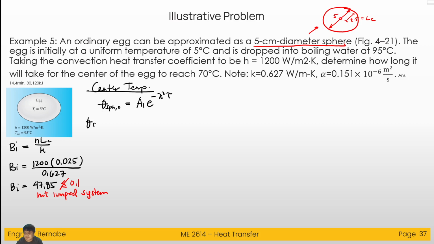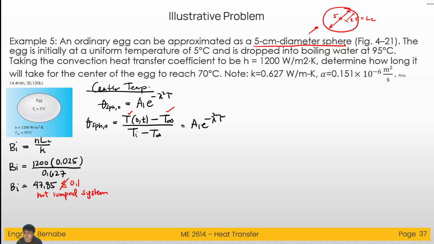So we know that theta of the sphere at 0 is equal to T0 minus T infinity all over Ti minus T infinity. Which are given here? It will reach 70 degrees, so this will be given. T infinity, the surrounding boiling water, is 95.